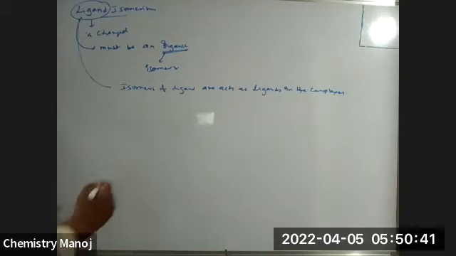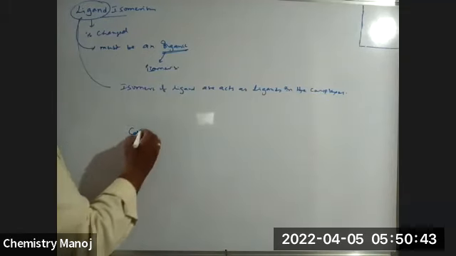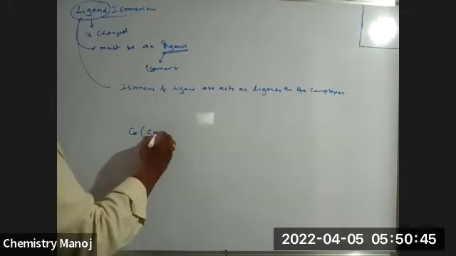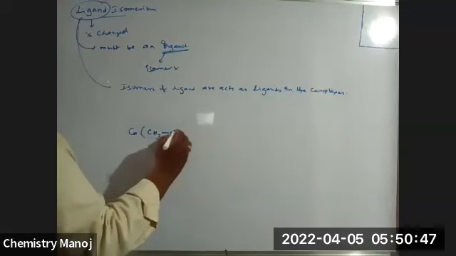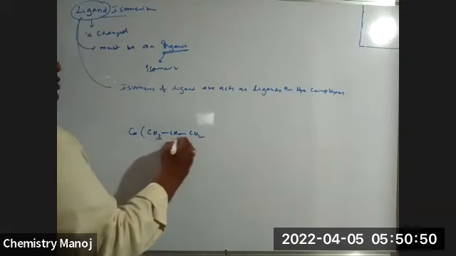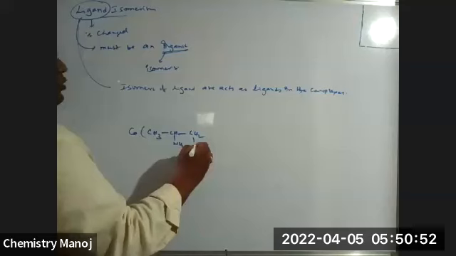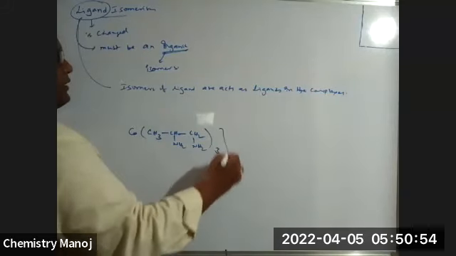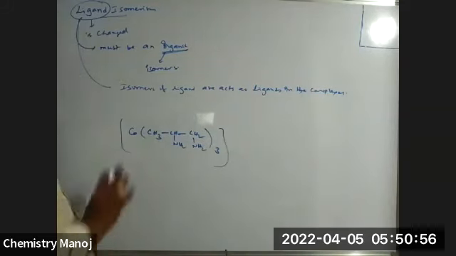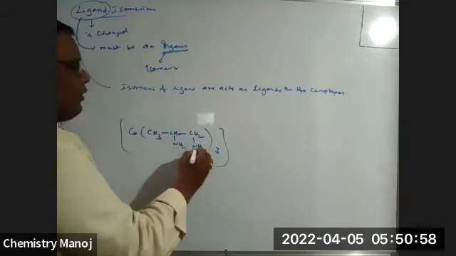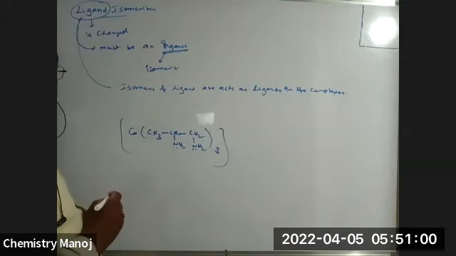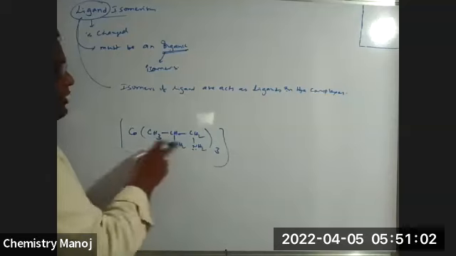Let us take an example. See, my dear, CH3CH(NH2)CH2NH2 is a bidentate ligand. Here, both the nitrogens are donor atoms. So what is the bond number here?